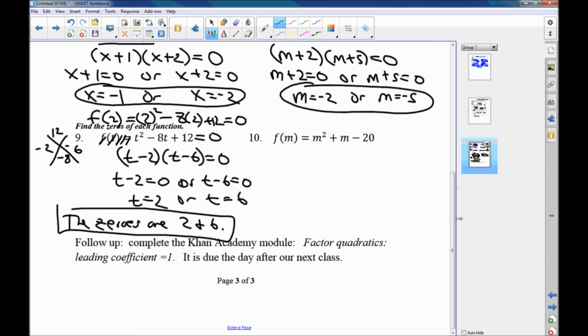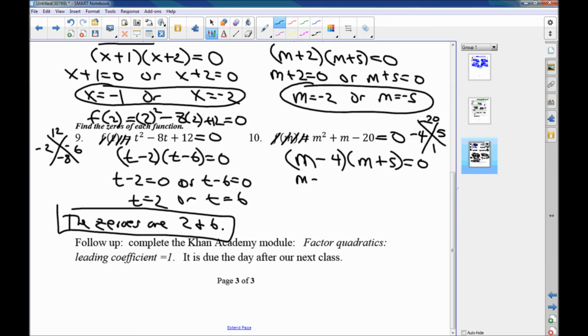All right, so we're going to do the same thing for this last one here. We're finding 0, so we'll just set it equal to 0. We'll factor this. We need two things that multiply to negative 20 and add to 1. So we know one of them's got to be negative and one's got to be positive, and the bigger one needs to be positive, so I'm going to use 5 and negative 4. Okay, so m minus 4, m plus 5 equals 0.